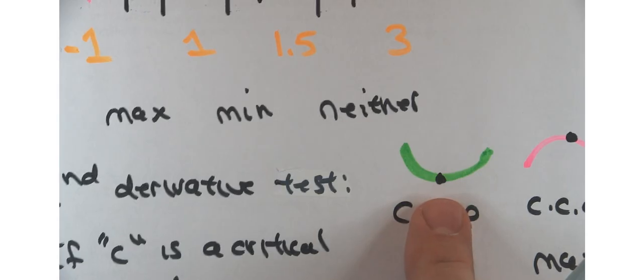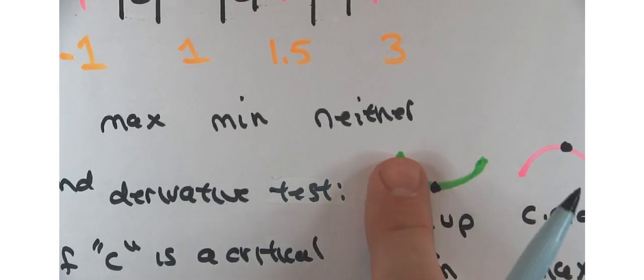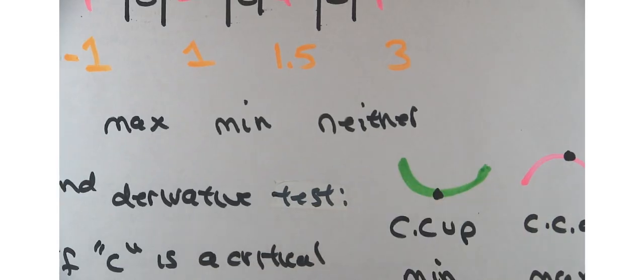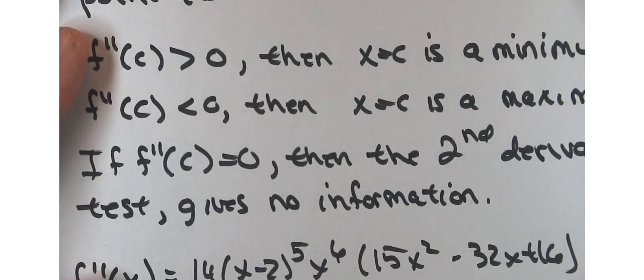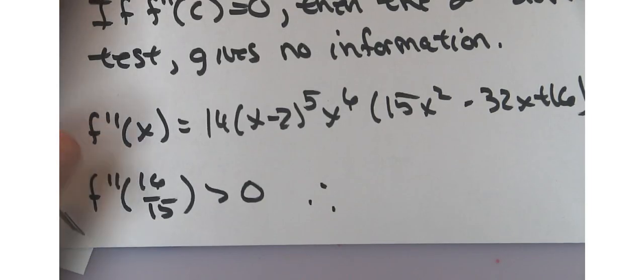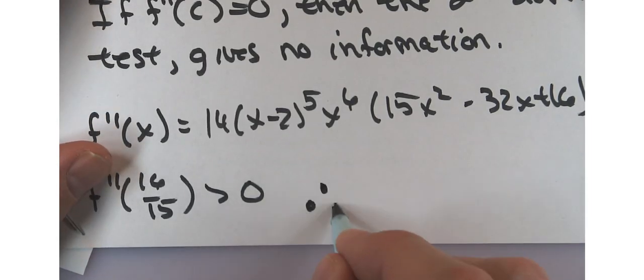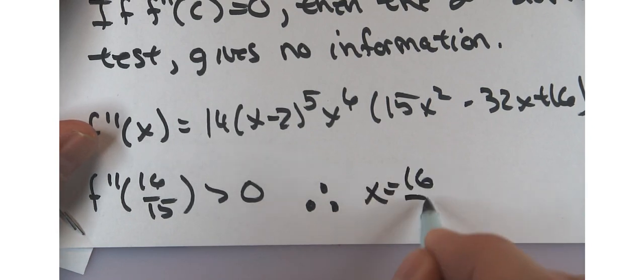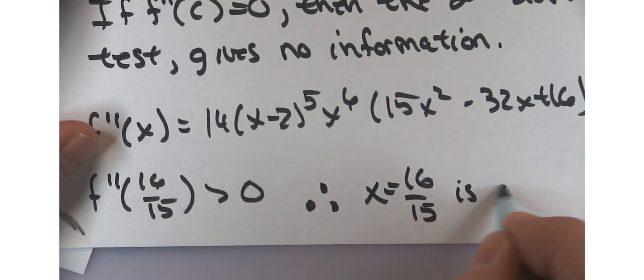If you have a concave up shape, the second derivative there should be positive or negative? Positive. So f double prime of this should be greater than 0. You ever seen this triangle of dots? Mathematically, it means therefore. x equals 16 over 15 is a minimum.